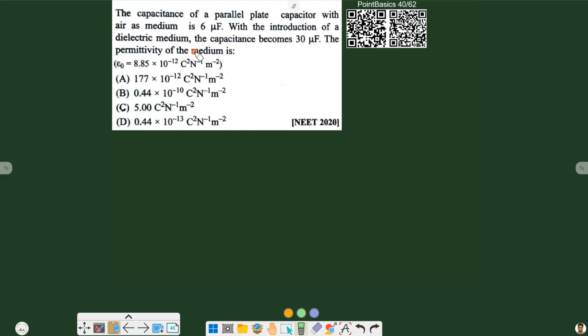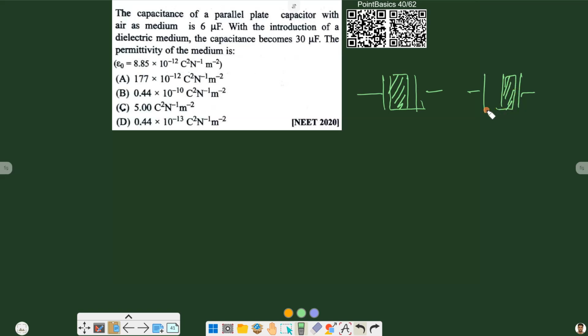Now in this question, it is not mentioned whether the dielectric slab we introduce inside the capacitor occupies the full space or only partially, like in the previous question, where it occupied some ratio of space between the plates.